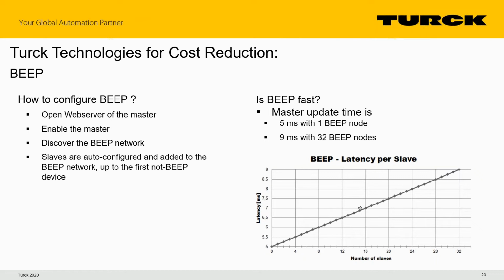If we scale all the way out to 32 slave nodes, we're going to be looking at 9 milliseconds to update the master with the data from all 32 nodes. So it is something that needs to be looked at. If you've got a high-speed application, this could be a concern. But we have a lot of applications where the network update rate that the PLC is scanning is far higher than just 9 milliseconds.